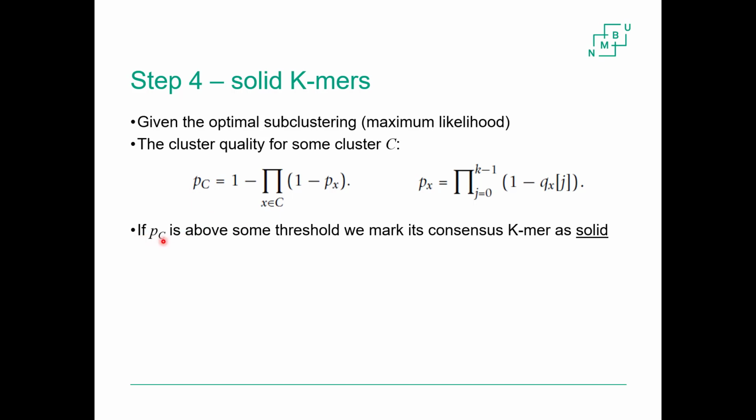They say that if this PC is above some threshold, then we call the consensus K-mer of this cluster a solid K-mer. That's something we can trust, right? These are typically the mother sequences that we saw previously. The consensus K-mer is solid if these error probabilities are small enough.